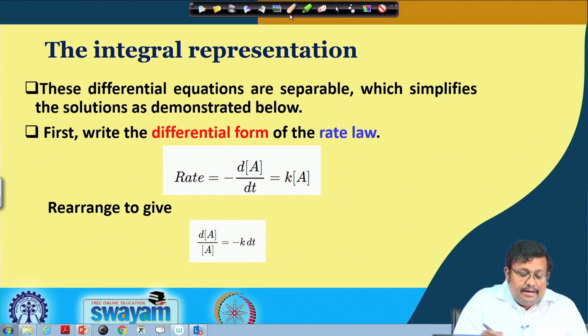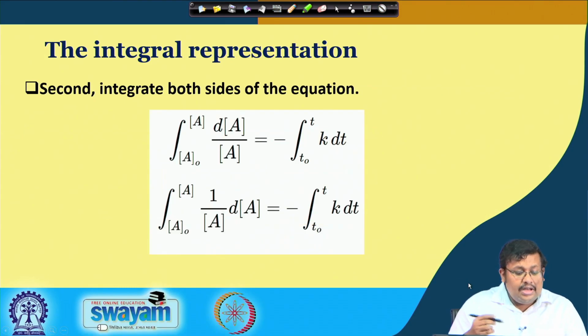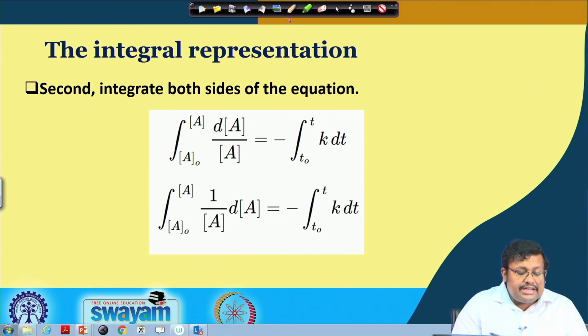As you can see here, first we write the differential form of the rate law: rate as minus dA by dt, which is k multiplied by the concentration of A. Now, if we rearrange this, we get dA by A equal to minus k dt. After rearrangement we get this form. Now, we can integrate both sides of the equation.